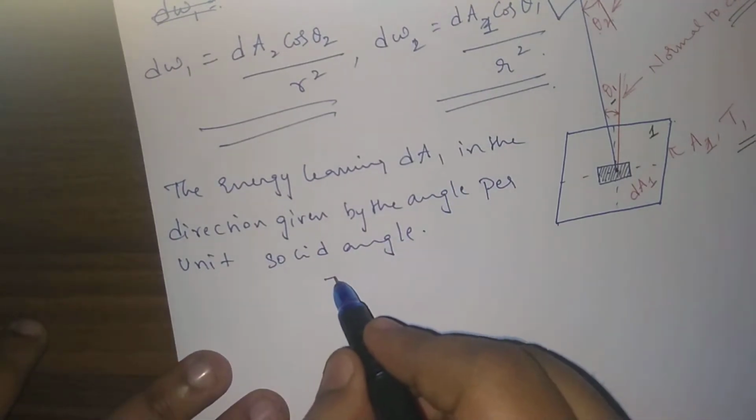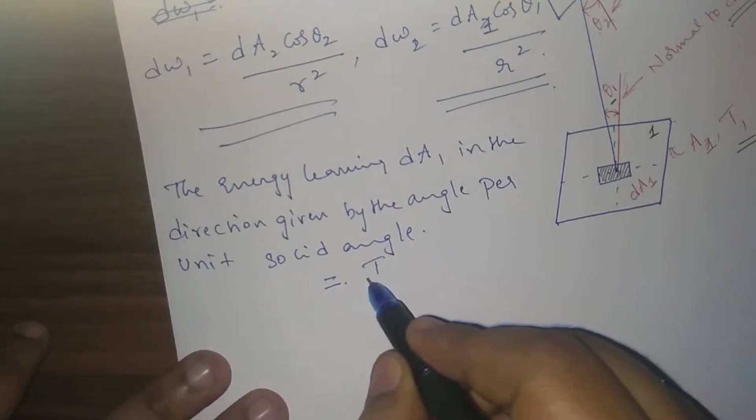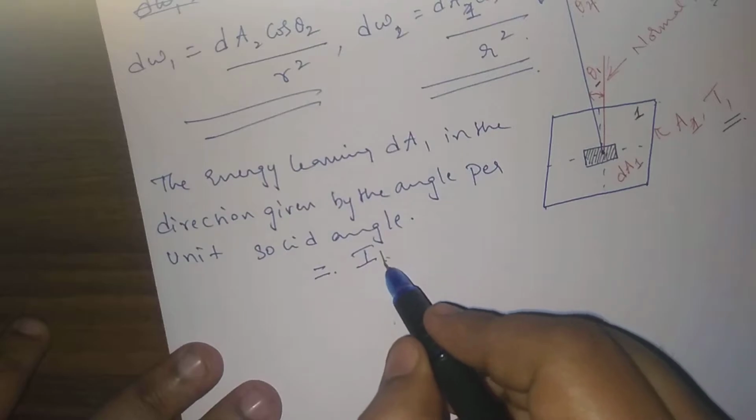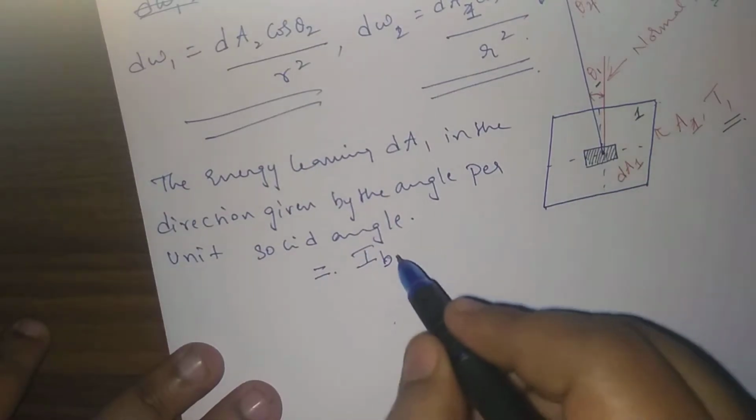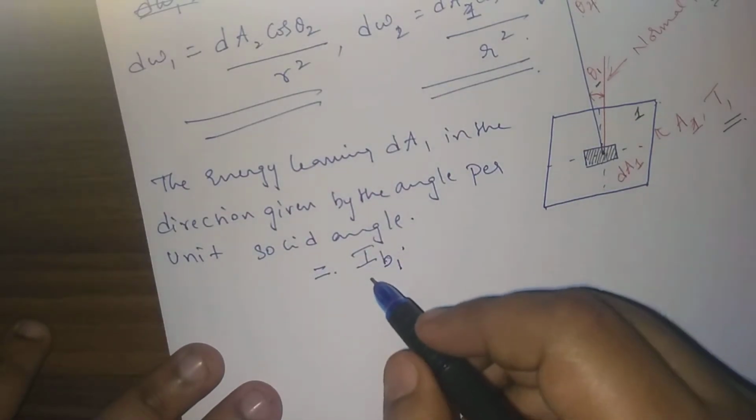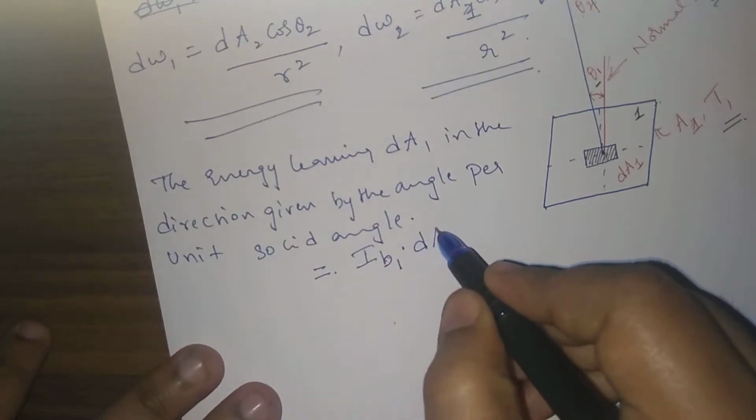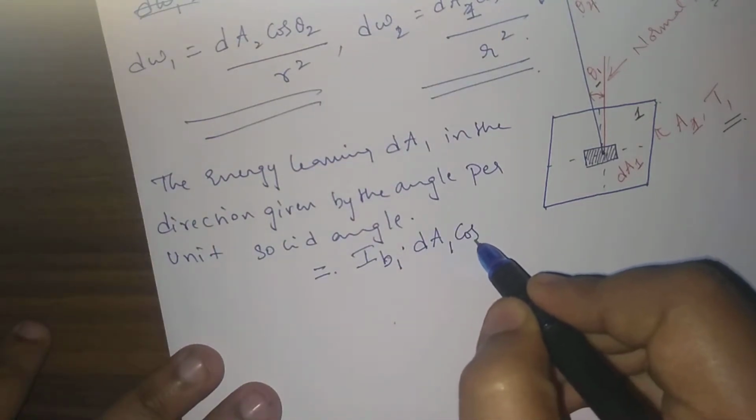So what is that? It is equal to the intensity of the radiation IB1 from that times dA1 and cos theta 1.